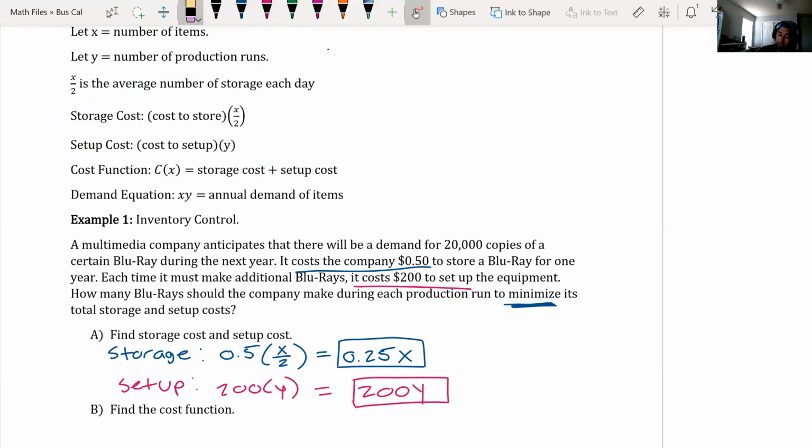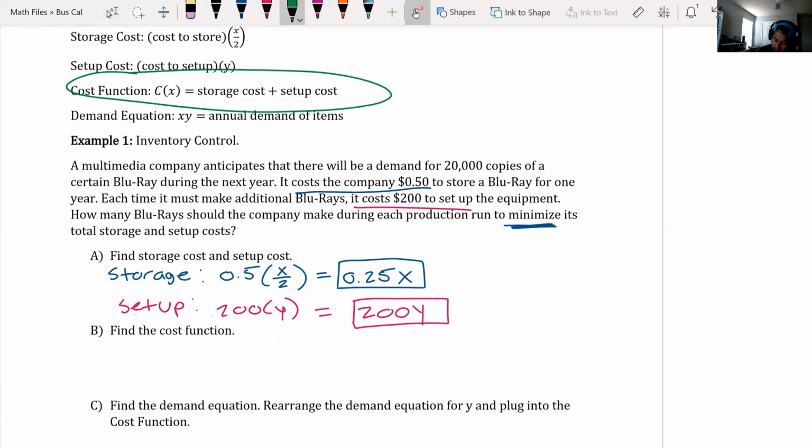And now we put it all together in the next step where it says find the cost function. The cost function is given as storage cost plus setup cost. Everything we found in step A. So for cost, it's going to be storage cost plus setup cost.